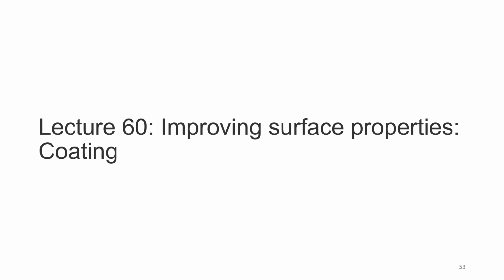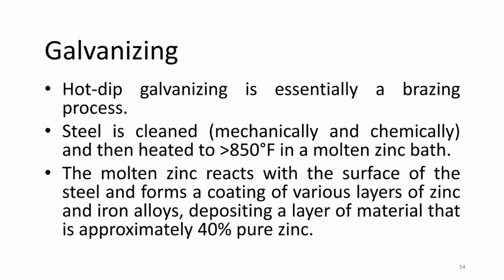Last chapter is improving surface properties using coatings. So the first process is galvanizing. In this case, hot dip galvanizing is essentially a brazing process, and the steel is cleaned, mechanically and chemically cleaned, and then heated to 850 Fahrenheit in a molten zinc bath.